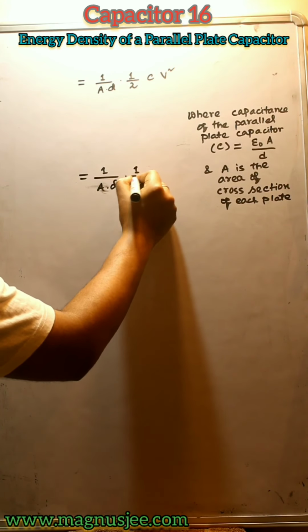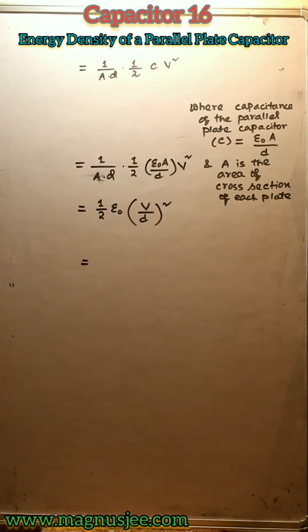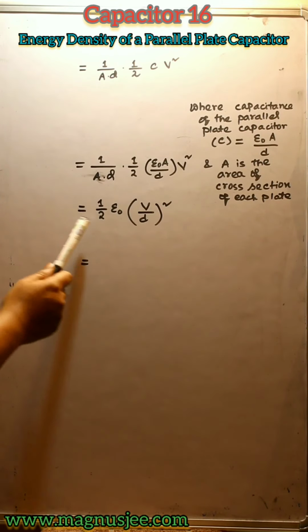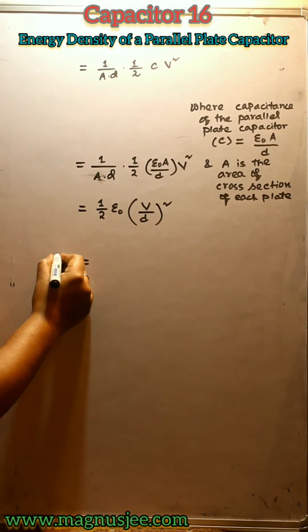So 1 by AD, half epsilon 0 A divided by D, V square. So it equals half epsilon 0 V by D whole square after simplification.